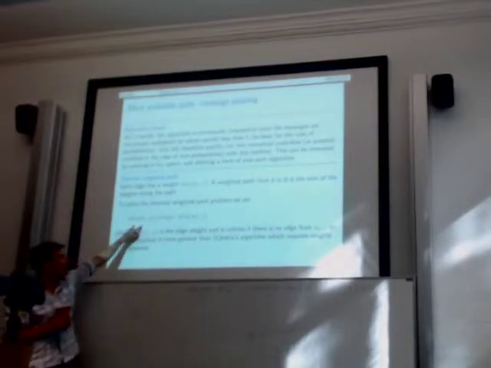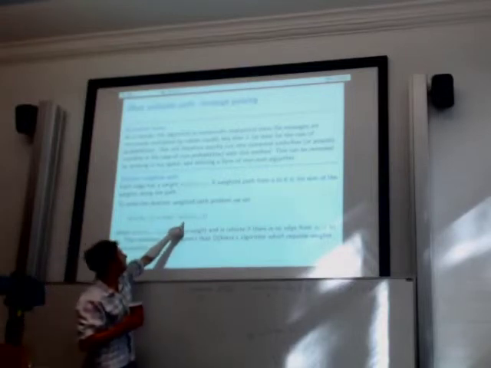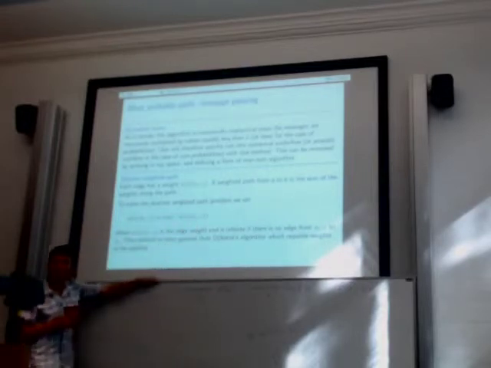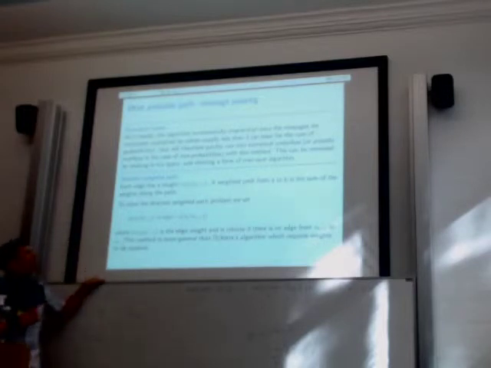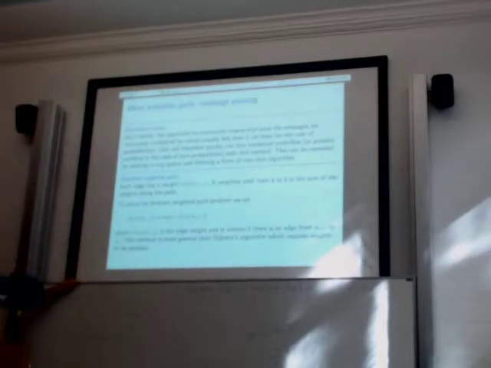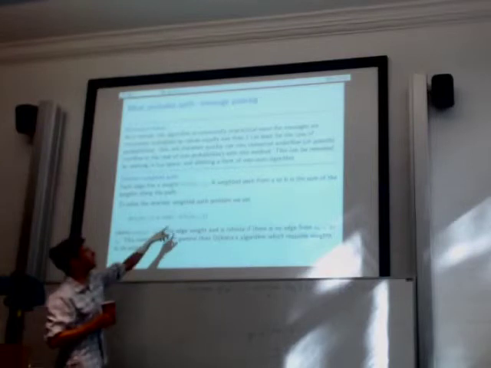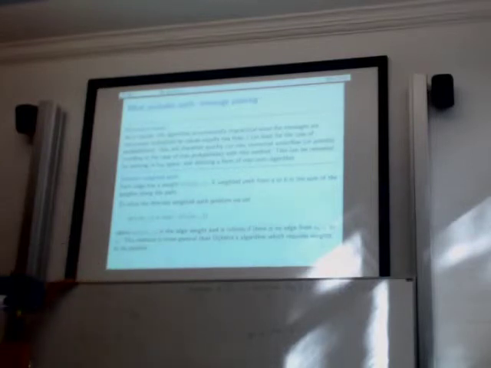Then I'll leave you to think about it a little bit, but if we define the transition probability to be the exponential of the minus of these edge weights, then if we run the most likely path on this, it will correspond to finding the path with the smallest sum of u. It's equivalent to that.